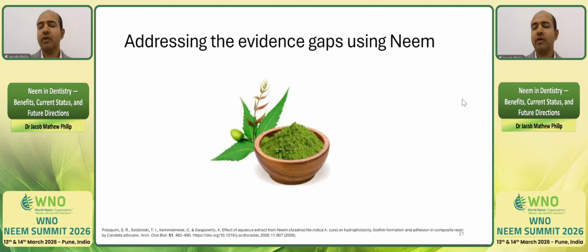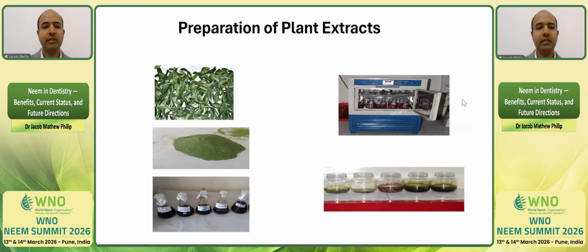And so the objective of my study was to evaluate the antifungal effect of the neem leaf extract on the azole resistant and azole susceptible strains of Candida albicans. And so we went about preparing the neem extract by drying the neem leaf and then powdering it, dissolving it in the solvents available: ethanol, ethyl alcohol, methanol, acetone, chloroform, and water.